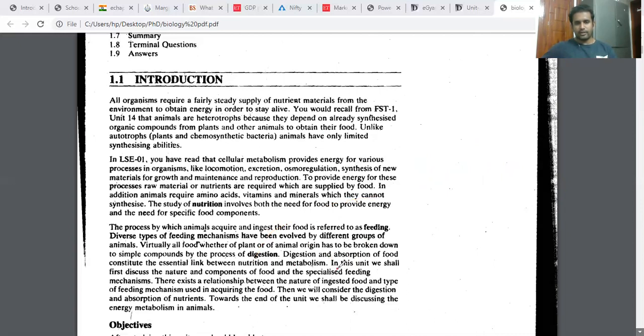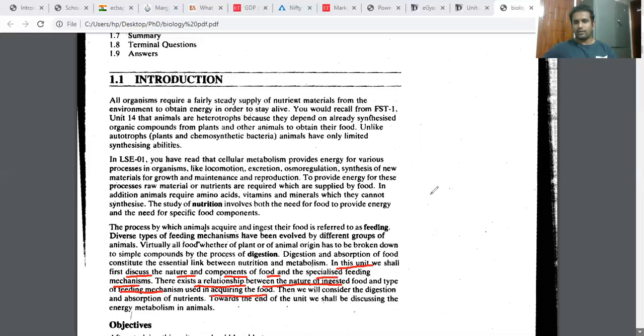Today, in this unit, we shall first discuss the nature and components of food and the specialized feeding mechanisms of organisms. There is always a relationship between the nature of ingested food and the type of feeding mechanism used in acquiring the food.